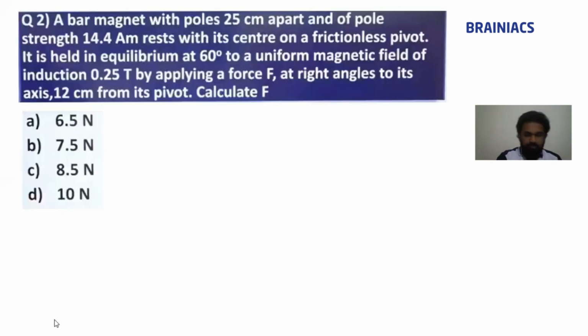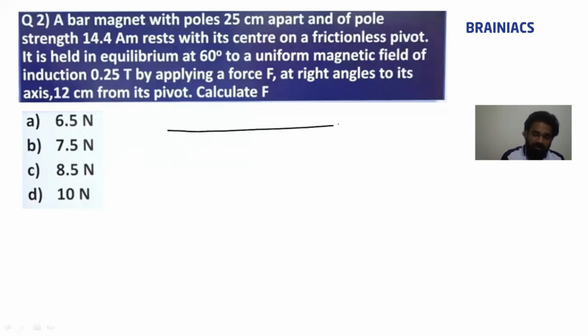Next problem. A bar magnet with the poles 25 centimeter apart and pole strength 14.4 ampere meter rests with its center on a frictionless pivot. It is held in equilibrium at 60-degree to a uniform magnetic field of induction 0.25 Tesla by applying a force at a right angle to its axis, 12 centimeter from the pivot.